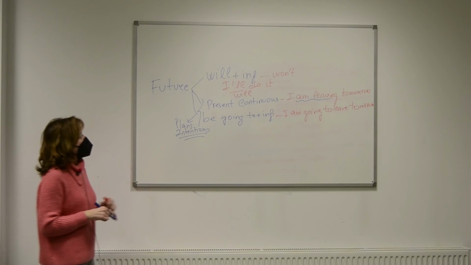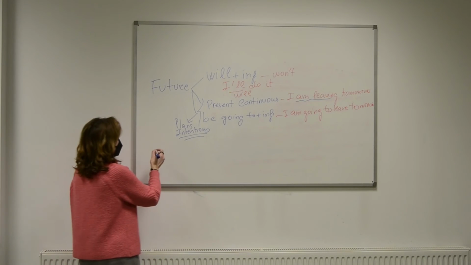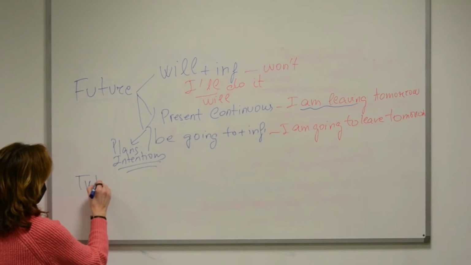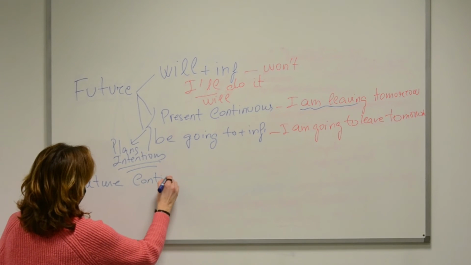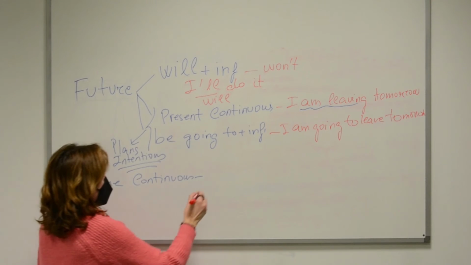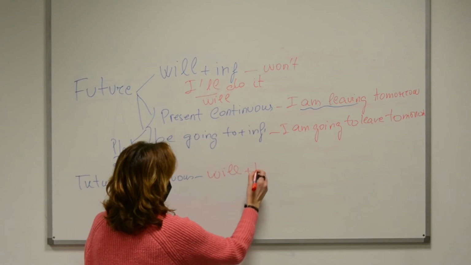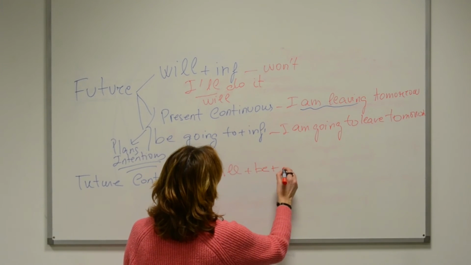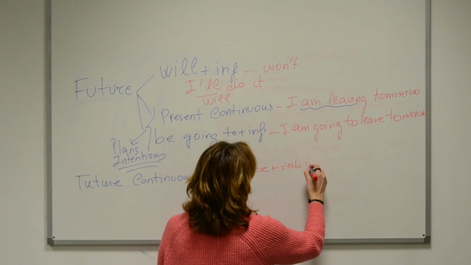Other ways of indicating future are, for example, future continuous: will plus be plus the verb with ing.